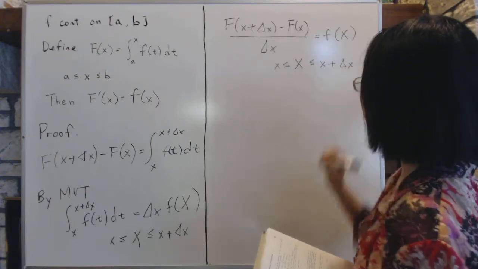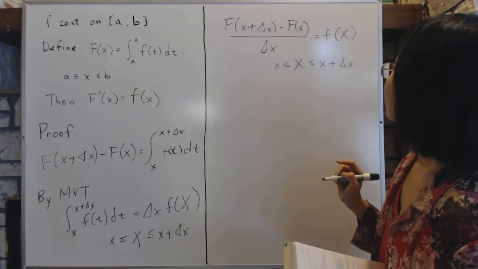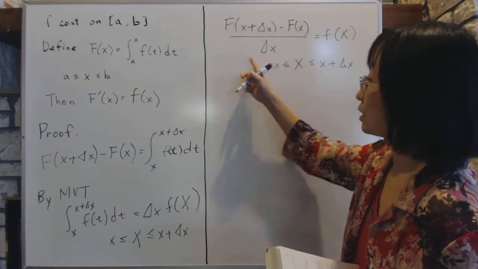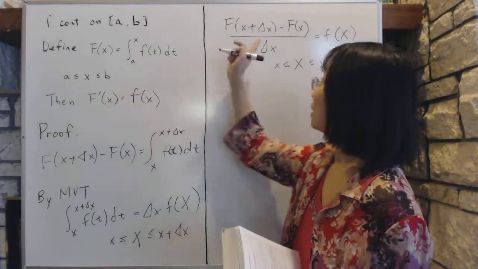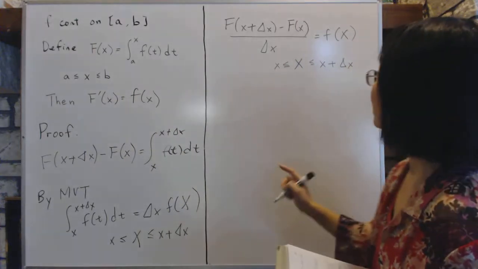That's very, very important. It's limited only to a value inside there. Now at this point, the reason we write it this way is to approximate this: the limit as Δx goes to 0 is exactly F'. That's what we're driving at.